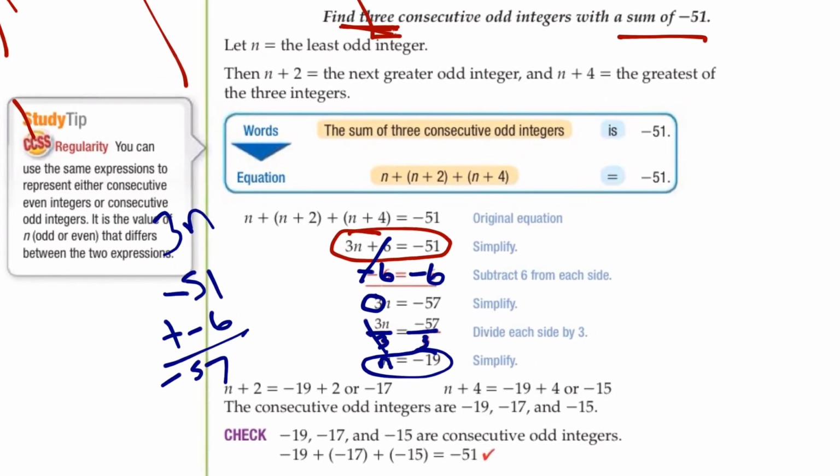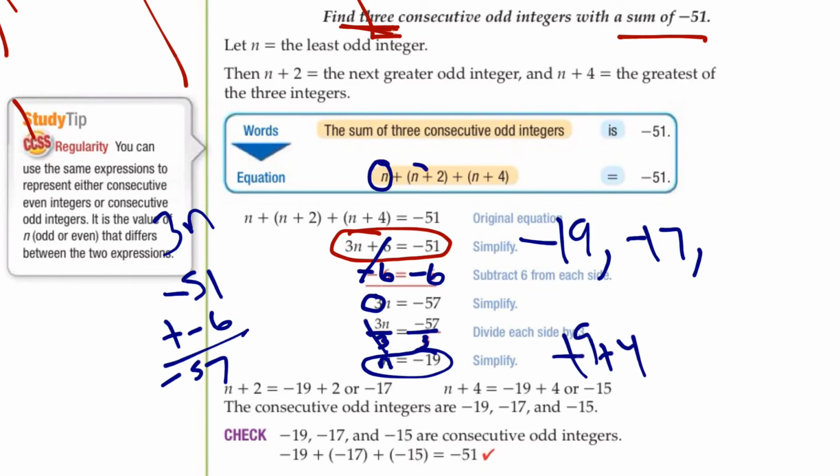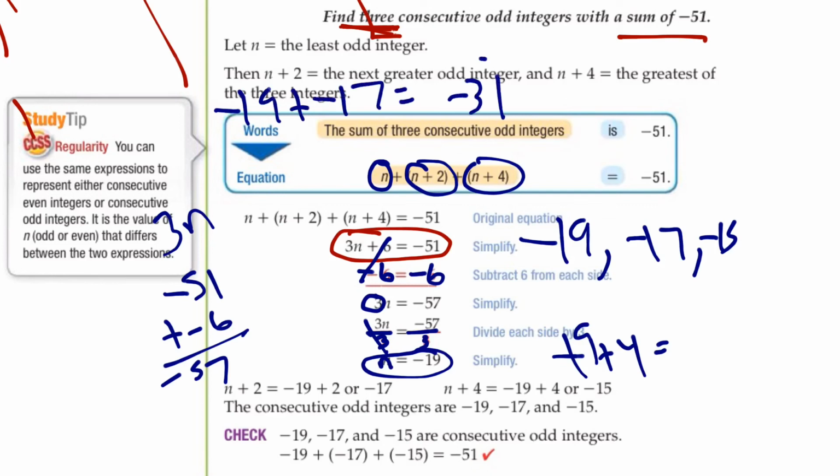And now we know, watch this. If I go negative 19, what else do I have to do? Negative 19 plus 2, negative 17. Negative 19 plus 4, where am I getting that from? From this right here, look. Equals negative 15. And let's add those all up. Negative 19 plus negative 17 equals negative 31 plus negative 15 equals, did I make a mistake? I added wrong.